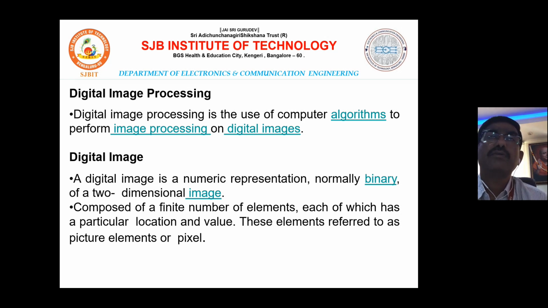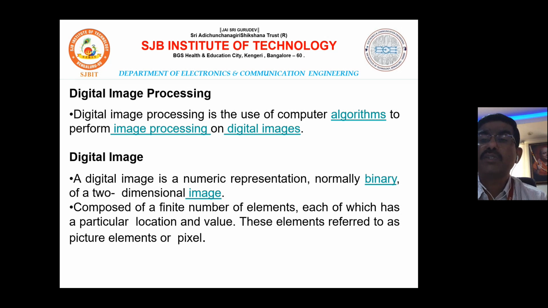Because we want to find the pixel value, first you have to find the coordinate values. That is what I told, it is called f of x comma y. x and y are coordinates, f is nothing but amplitude. These elements are called pixels or picture elements.